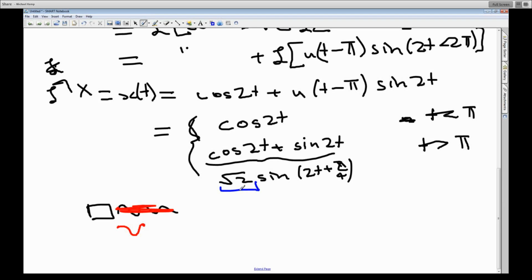Instead of an amplitude of 1, it becomes an amplitude of root 2, but it still keeps the same frequency. It's going to be that nice regular pattern, but with a bigger amplitude. So you can see by bumping it, you've increased the amplitude. It changes the phase slightly, but the key thing is the increased amplitude, while the frequency stayed the same in this particular case.